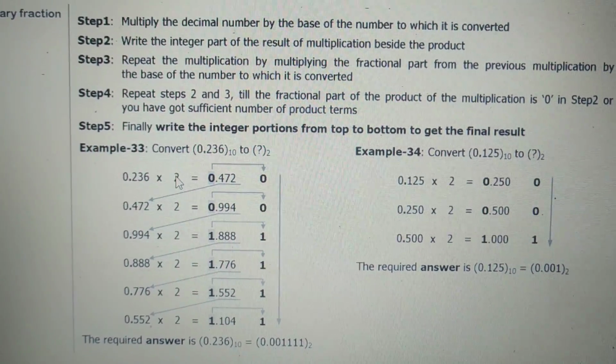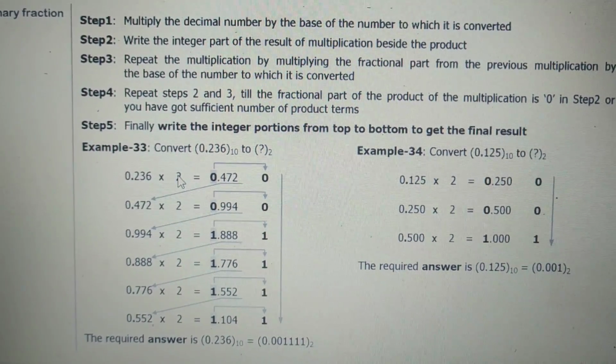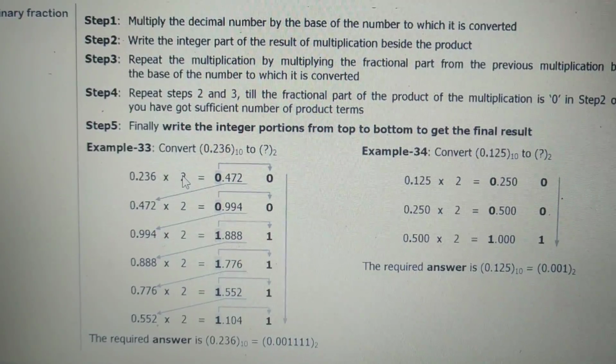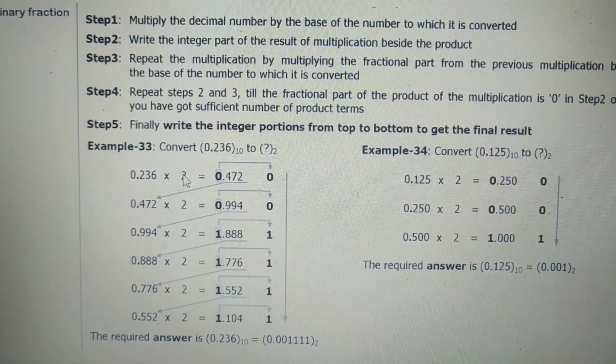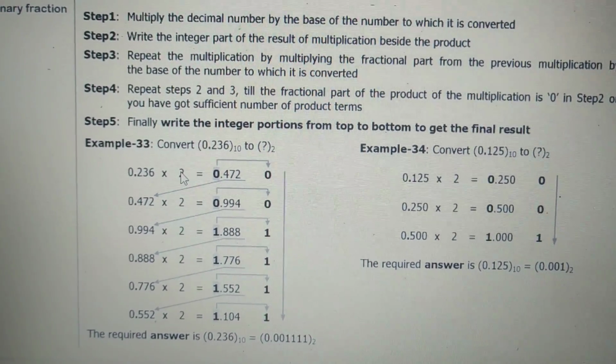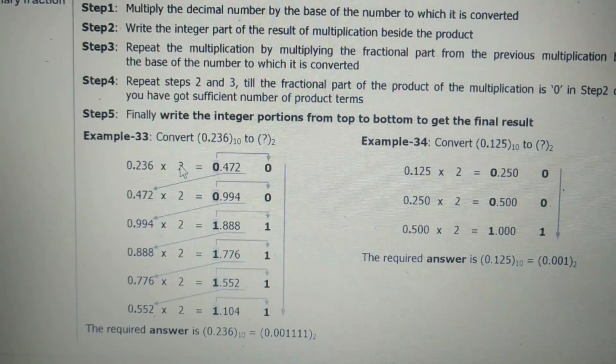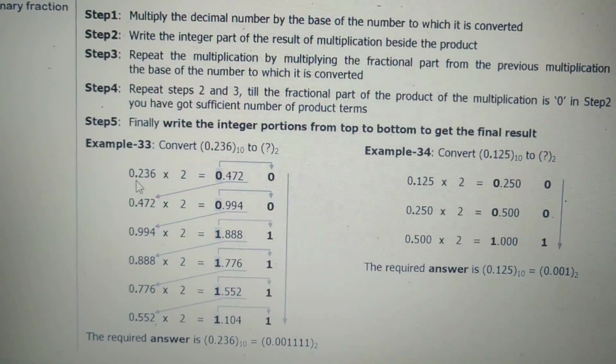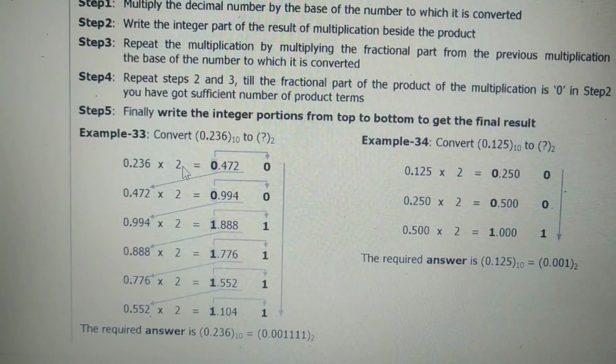If a whole fractional number like 6.23 comes, 6 will be evaluated by the division method, and 0.23 will be evaluated by this method. So now we start: 0.236 we multiply by 2.